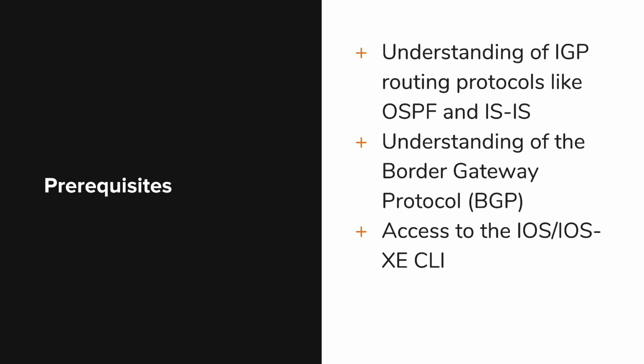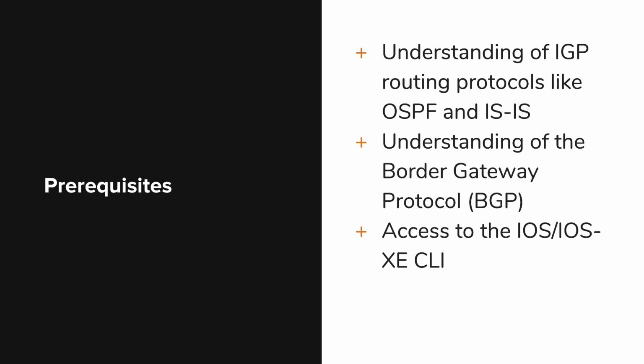And finally, and most importantly, and a common theme you see in all of my courses, is the prerequisite of access to the iOS or iOS XE CLI. Again, it's critical that we reinforce the concepts that we're learning by actually configuring and working through configurations on the CLI.